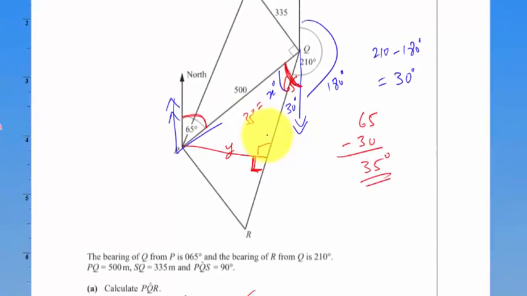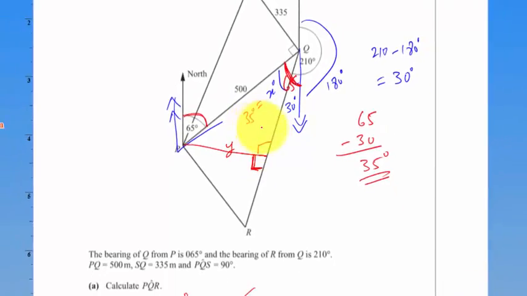This makes a 90 degrees. With this triangle with angle 35 degrees, we can use this angle and this given side with 500. We have this 90 degrees over here. This would be our hypotenuse, and we need to find this opposite side.